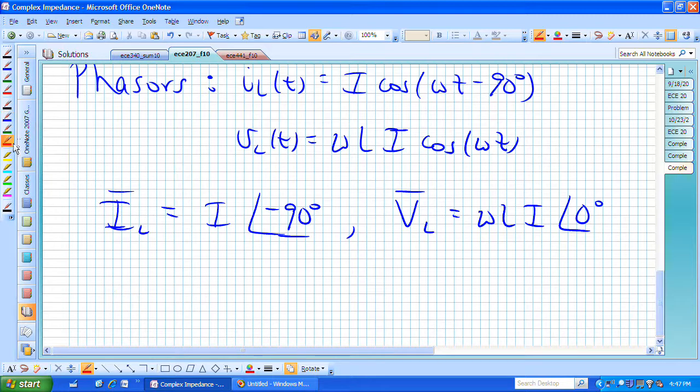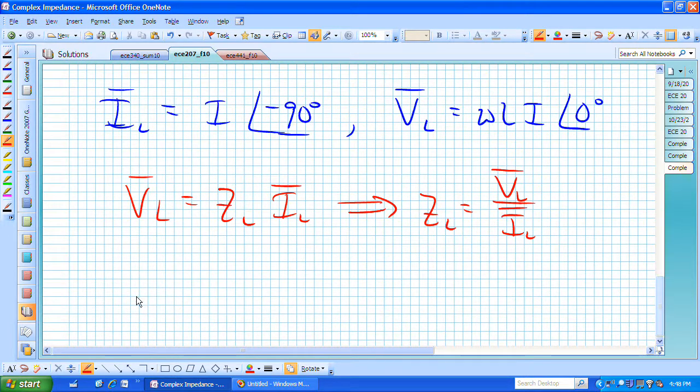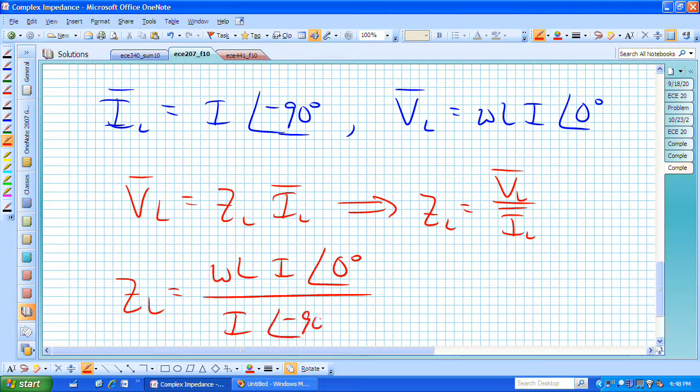With this generalization of Ohm's law, which is V sub L bar is equal to Z sub L I sub L bar, we now know that Z sub L is V sub L bar over I sub L bar, or Z sub L is now going to be omega L I at 0 degrees over I at minus 90 degrees. We can now simplify this.